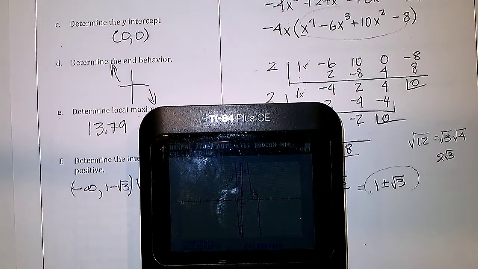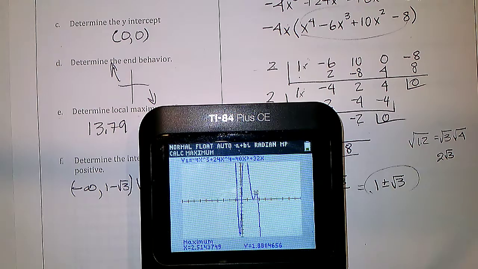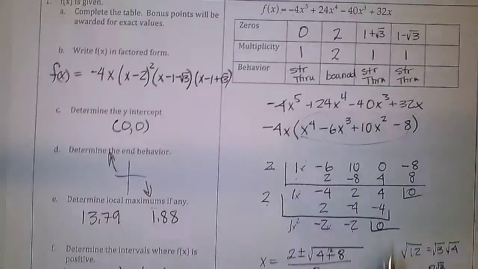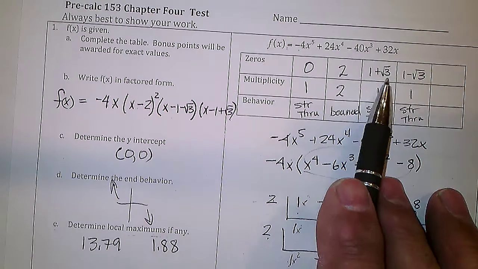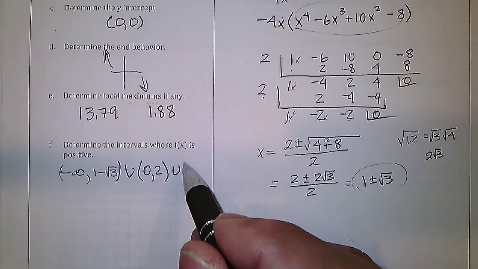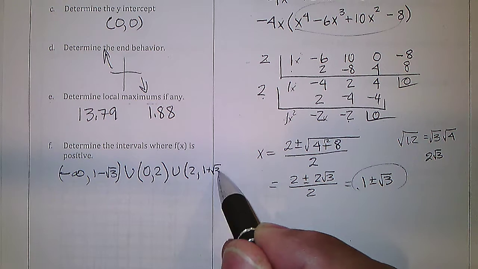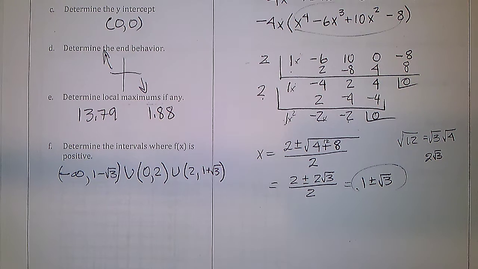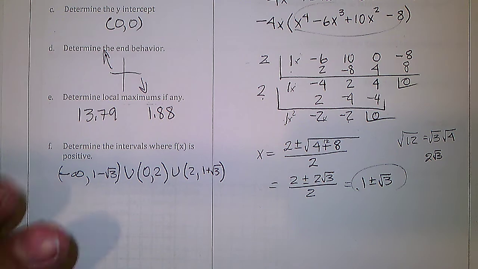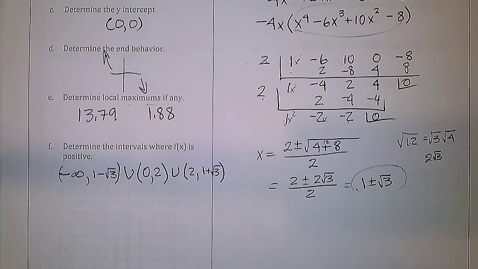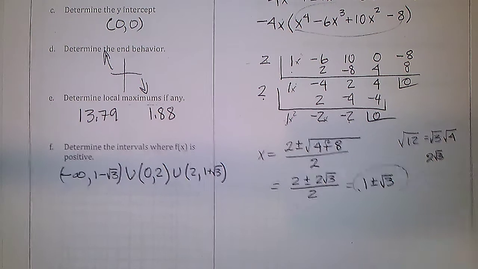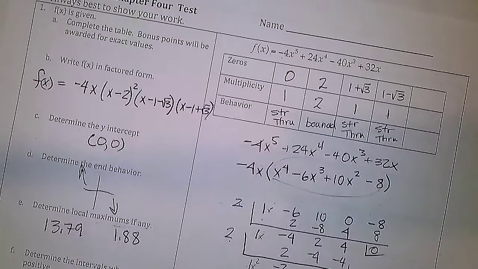And that negative spot is got to be another 0, which must be this other one, 1 plus the square root of 3. So from 2 to 1 plus the square root of 3, and that would be all the places that this is positive. Okay, so that was number 1. Number 2.